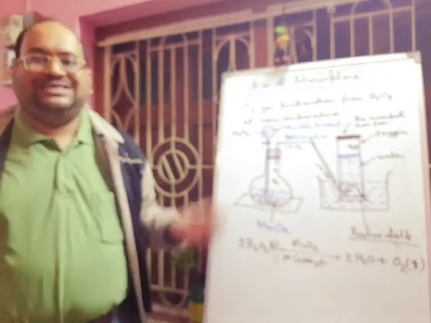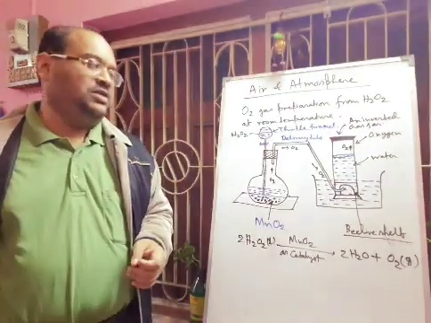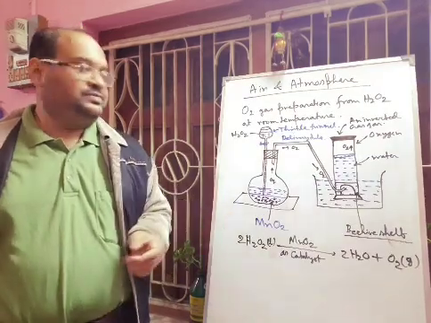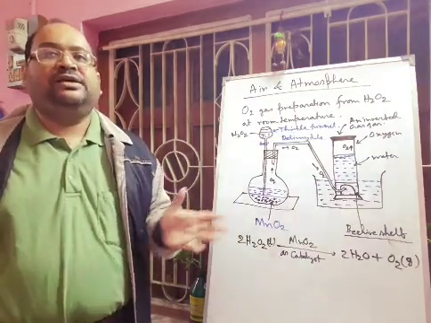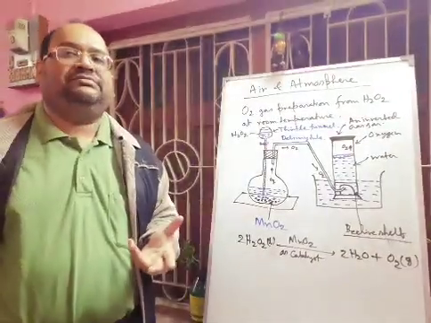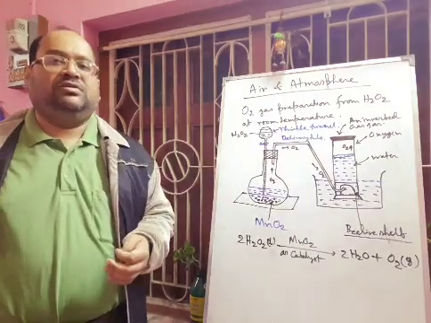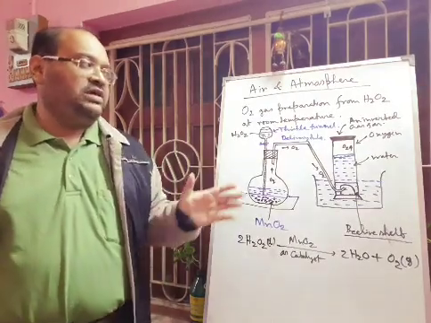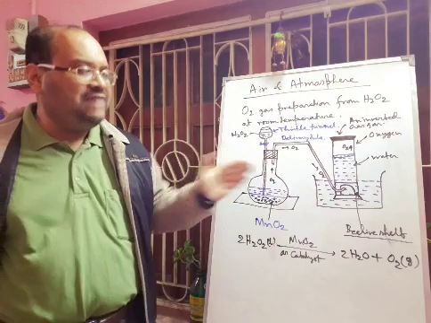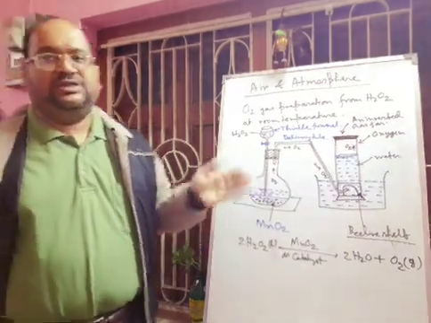Now oxygen gas cannot be collected by upward displacement of air. Why? Because oxygen gas is only slightly heavier than air, so it cannot be collected over air and there will be mixing. If a gas is very heavy like carbon dioxide, then we can collect it in this way.